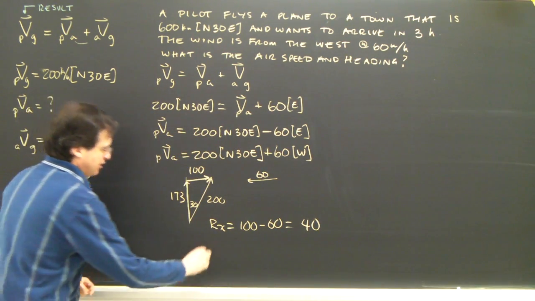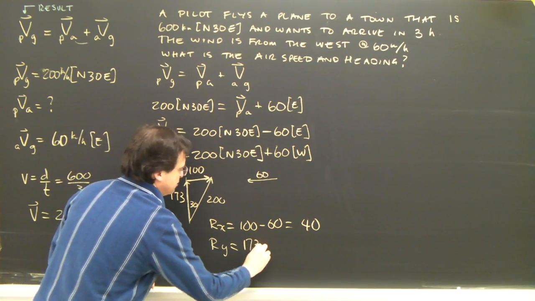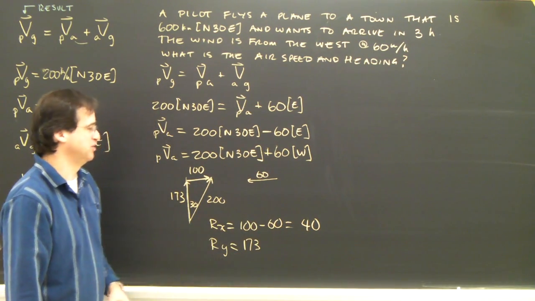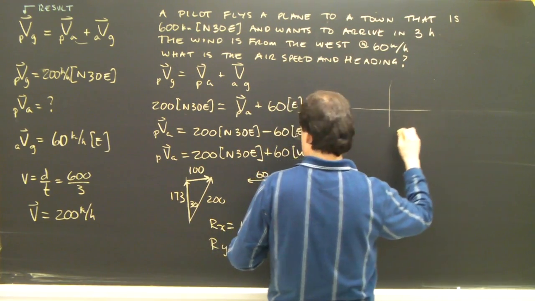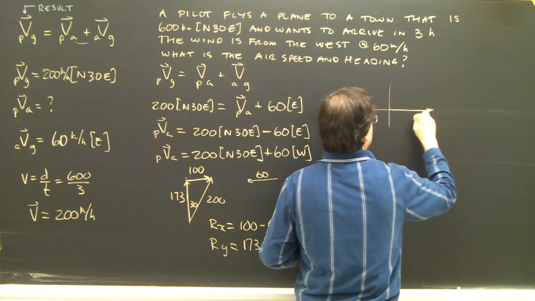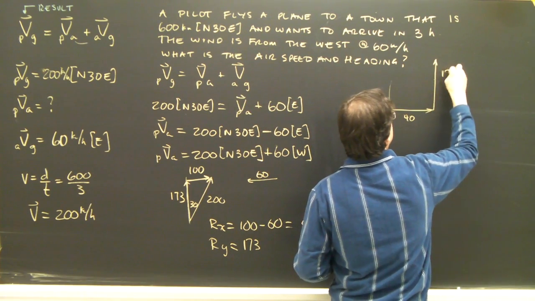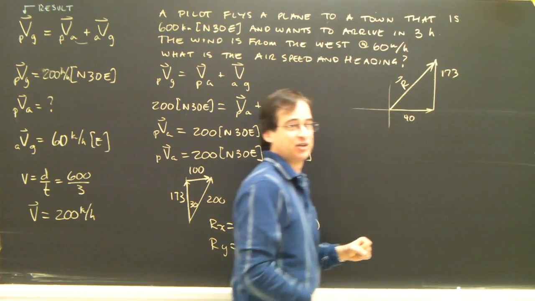Now I have to find the resultant in the y, and it's 173 up, which is positive. So my total in the x direction is 40, my total in the y is 173, so I need to put those together. On my x and y axis, 40 to the right, y is positive 173. There is my result.